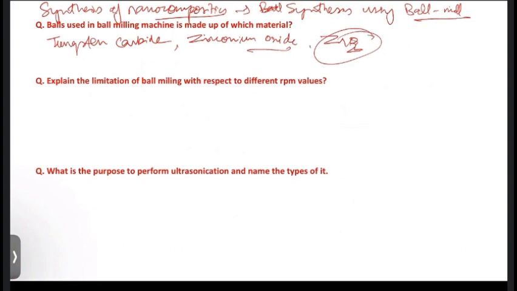Explain the limitation of ball milling with respect to different RPM values. We have some limitations of the ball milling technique. What is the full form of RPM?